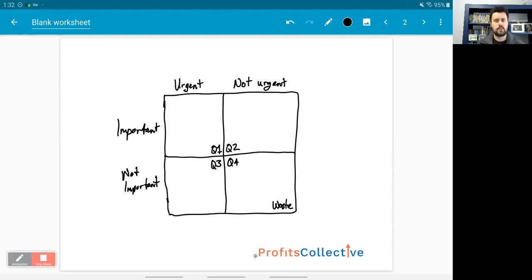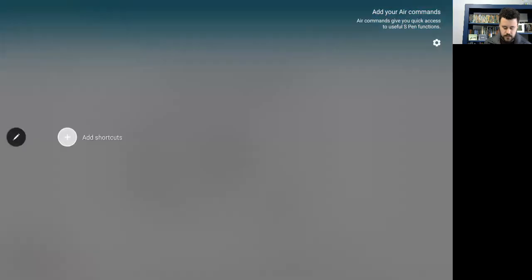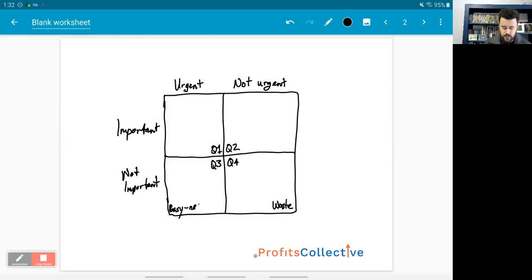You're still working on not important things, but now you're working on the things that are urgent. And what this feels like is busyness. Feels like busyness. You're super busy, you're doing stuff, you don't have time for the important things because you're working on all the not important urgent stuff.